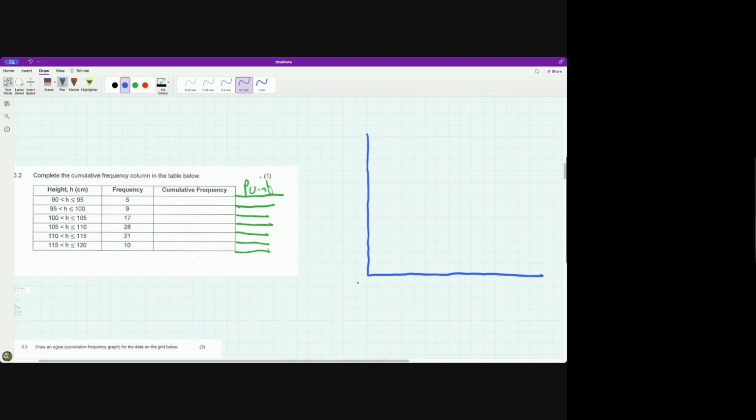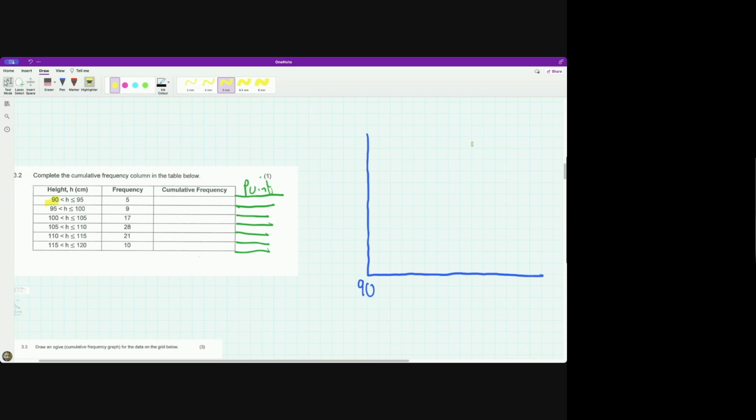I'll give you one tip. We're going to start this at 90 because this starts at 90. But otherwise, you'll tell me done when you've finished with the table, and then I'll say something, and then you'll draw the ogive, and then we'll go from there. What this is talking about is height. If I look at the data, it's heights of students in a class.